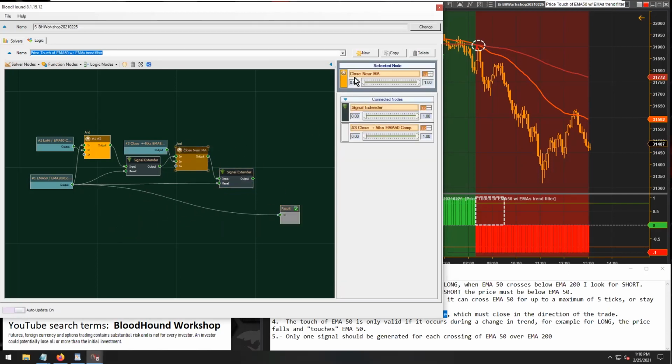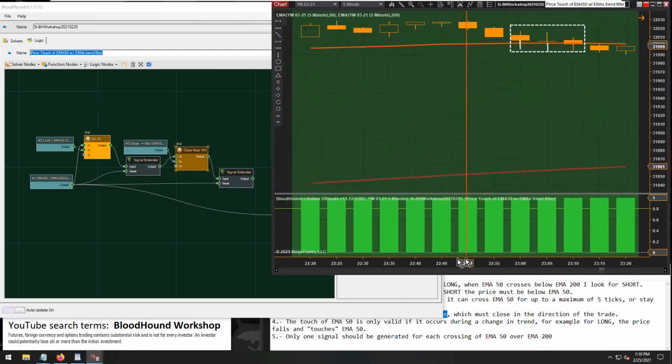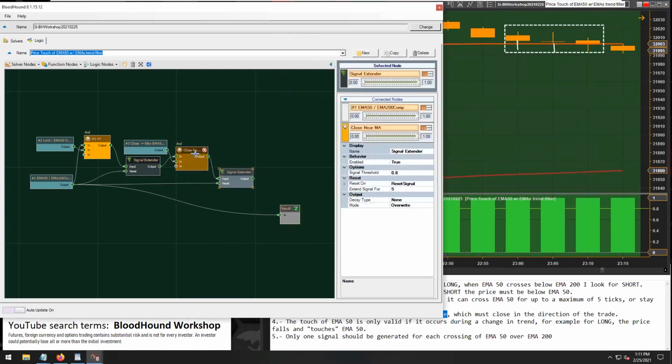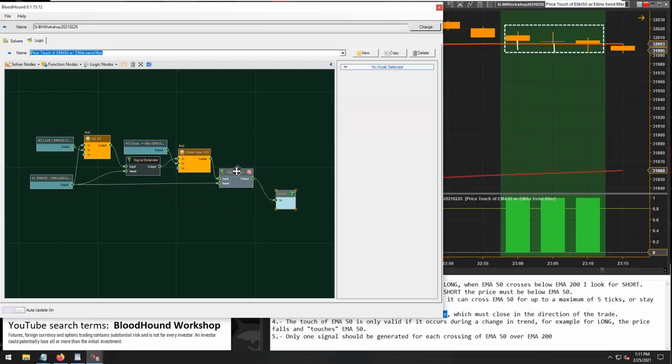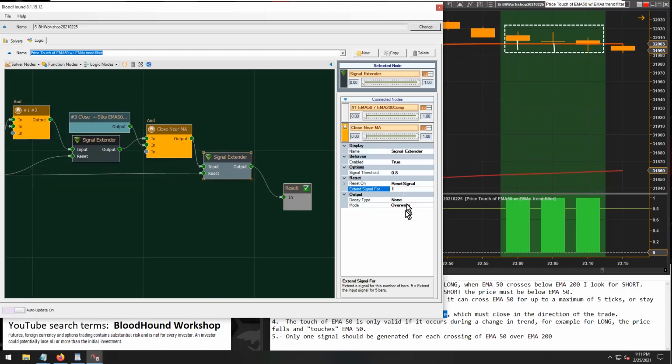So if that closing price does get near our moving average, as we have over here, now we just need to wait for the bar to reverse direction. We need to take this signal and shift it forward onto the next bar that hopefully is pointing in the right direction, hopefully pointing up. So the signal extender, we just need to extend for 1 bar.